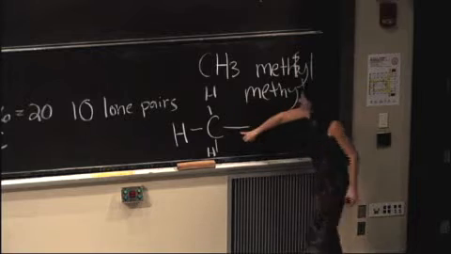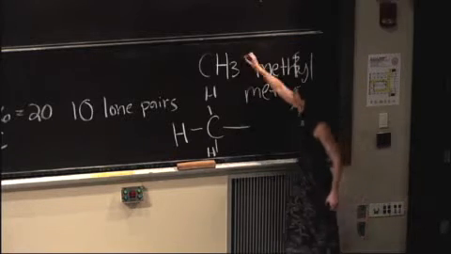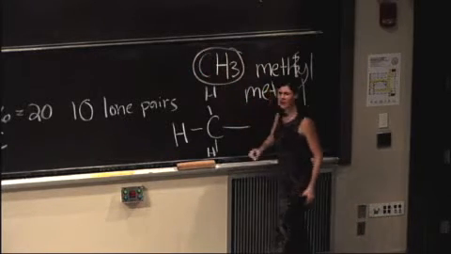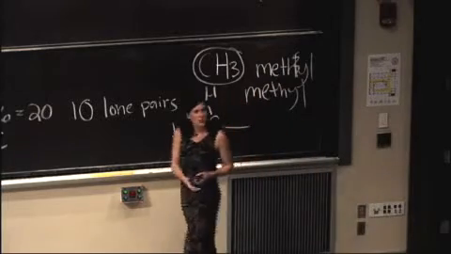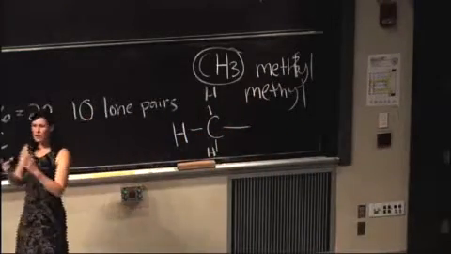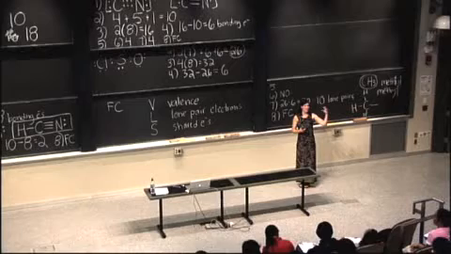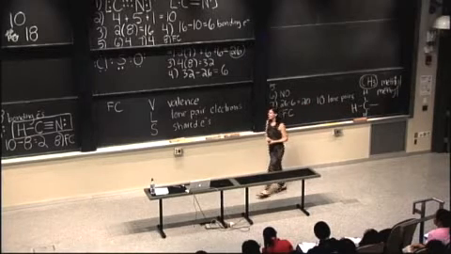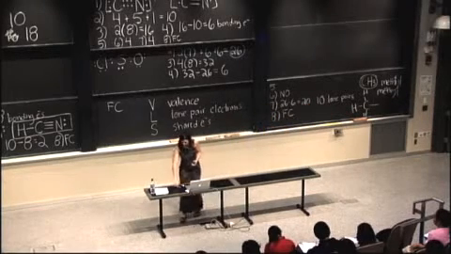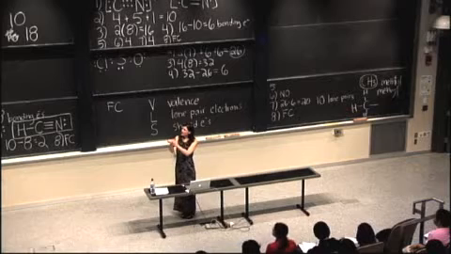And then it can only be bonded to one other thing. So anytime you see CH3 here, remember that that's methyl, and that's going to be a terminal group. So you already have a hint that methyl groups are never in the middle. They always have to be on the outside. So that's a good start for us putting together a skeletal structure for this compound here.